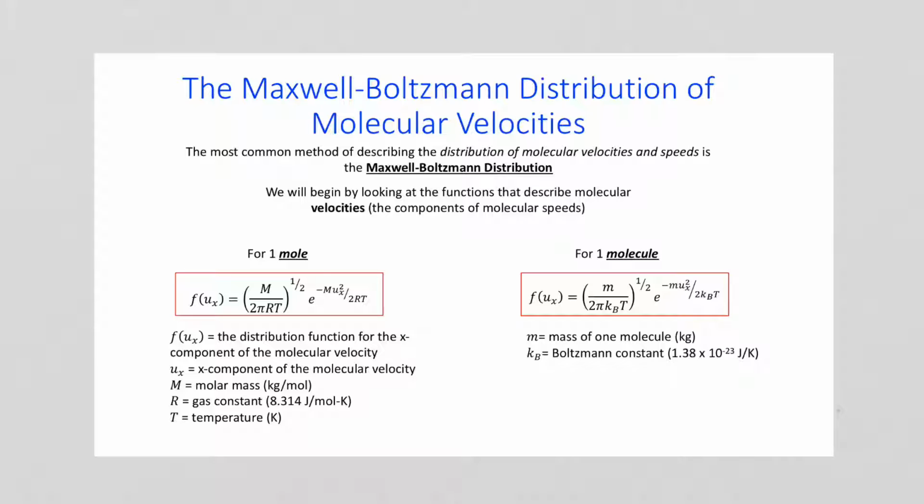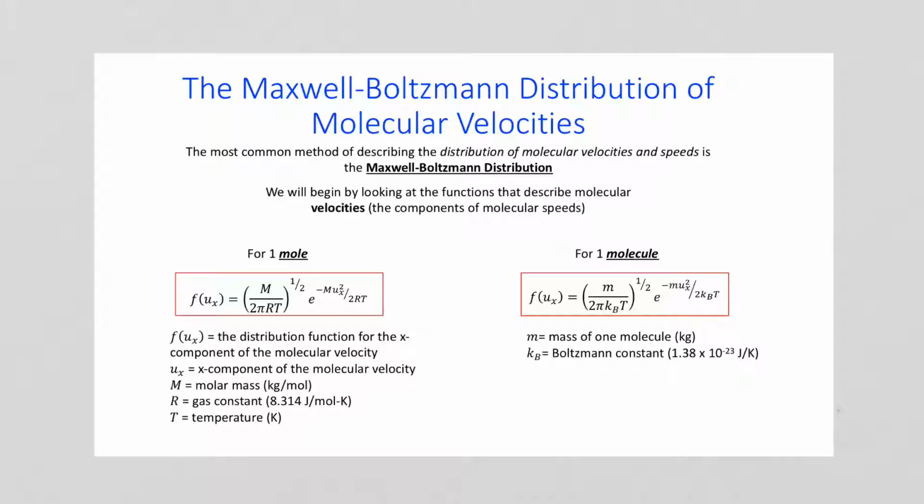And then we have a constant out front, where big M is our molar mass in units of kilograms per mole. R is our gas constant, that's 8.314 joules per mole Kelvin. And we have our temperature, again, always in Kelvin.